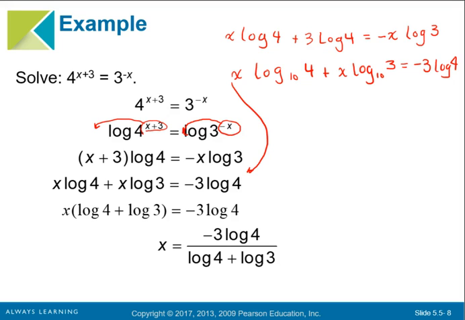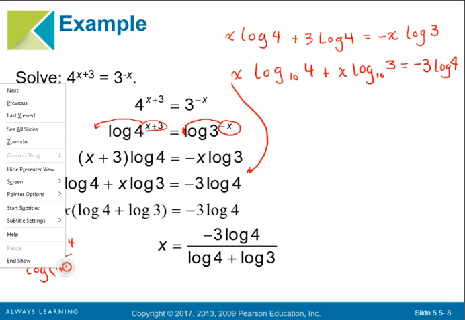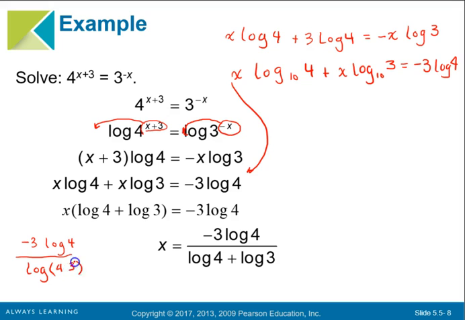Now, the question was raised in one of my classes whether or not this could have been done as a log base 4 times 3, and the answer is yes, it can. So you could have had negative 3 log 4 over log of 4 times 3 instead of 4 plus 3.